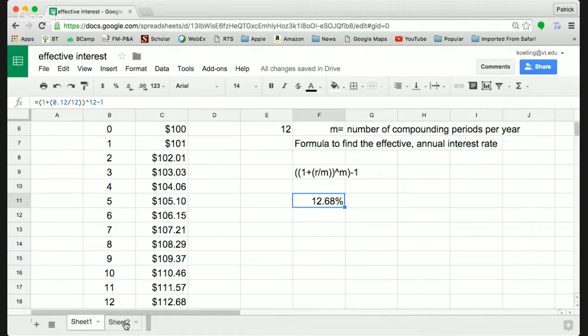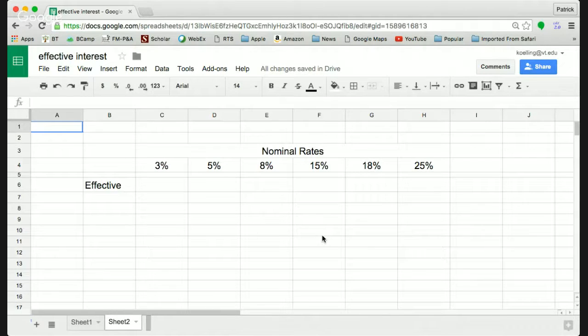Let's apply that. Let's go over here to this second sheet and look at some nominal rates and find the effective rates for each one of these. This effective rate right here, let me make this larger.